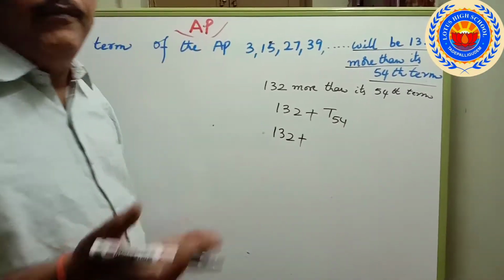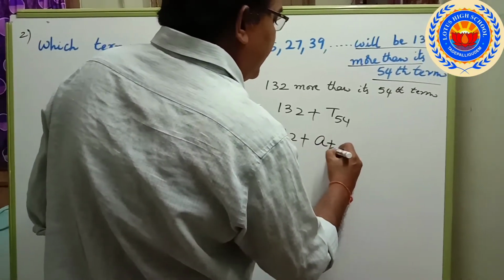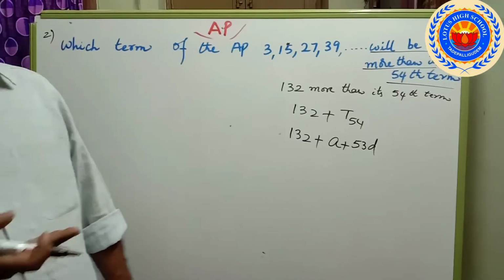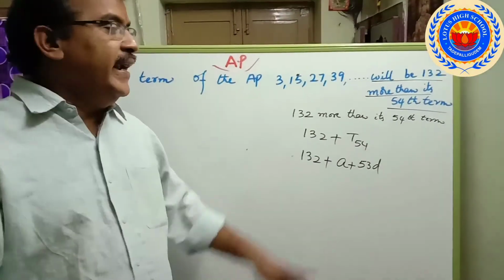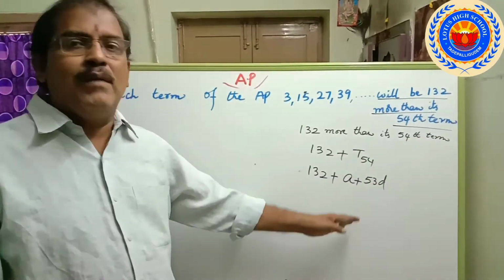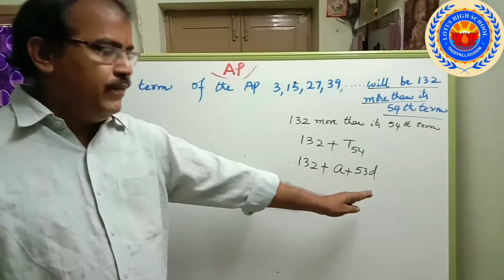What is the formula for T54? T54 formula is a plus 53d. This formula is from a plus (n minus 1) into d. Tn formula is a plus (n minus 1) into d. T54 formula is a plus (54 minus 1) into d, that is nothing but a plus 53d.